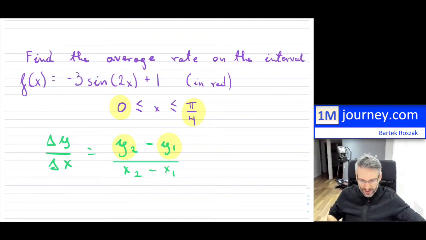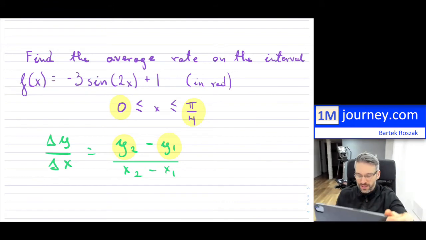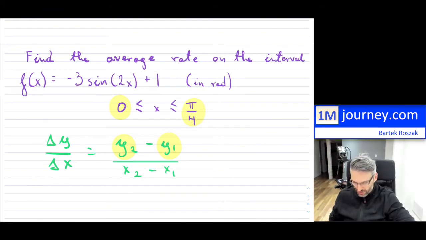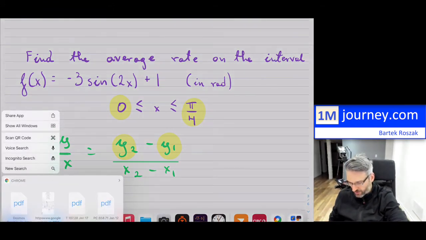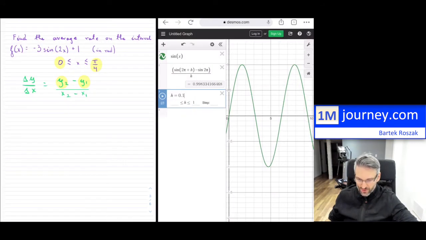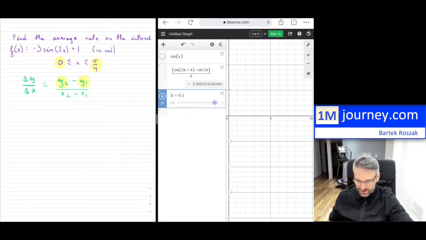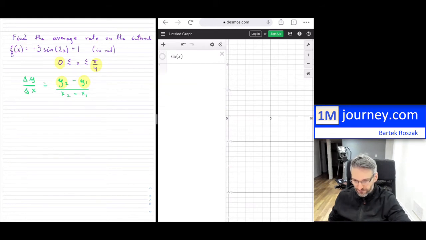Okay, so here I'm going to pull up decimals because I'm just going to plot this. I'm going to figure out what the actual points are. So let's do that. I'm going to kind of close this off in here. So this is f of x is equal to -3 sine.